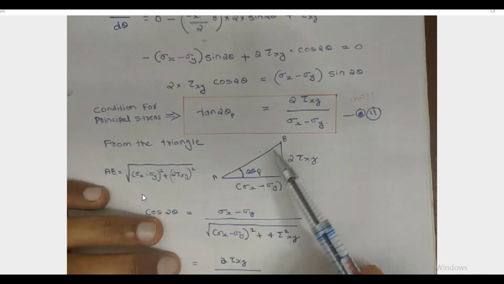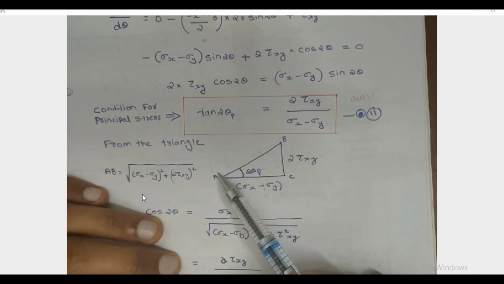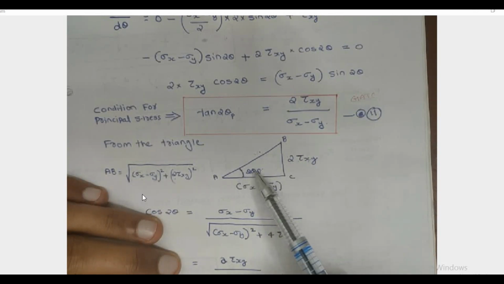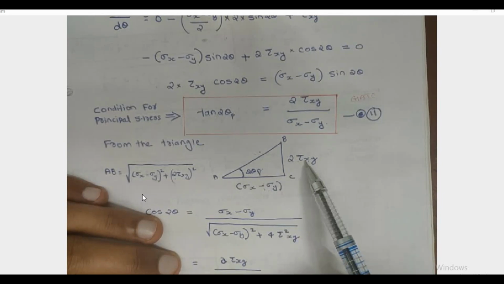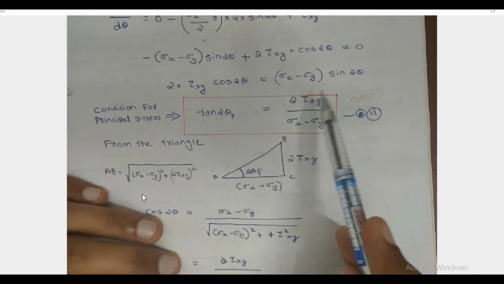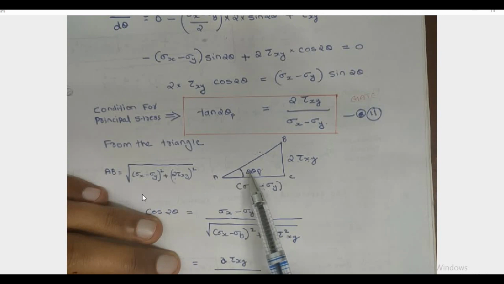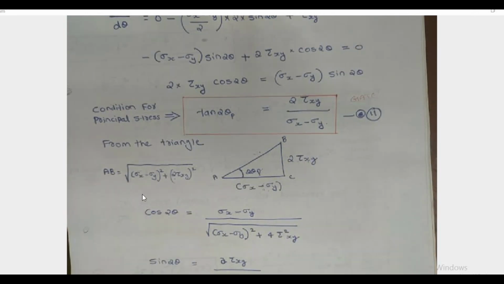So here I am constructing a triangle. In this triangle, this is 2 theta p. The opposite side is 2 tau xy, that is the numerator. The denominator is sigma x minus sigma y. Here we can see tan 2 theta p.